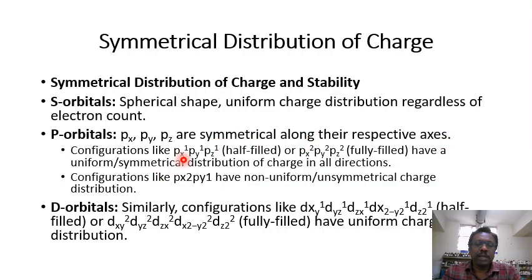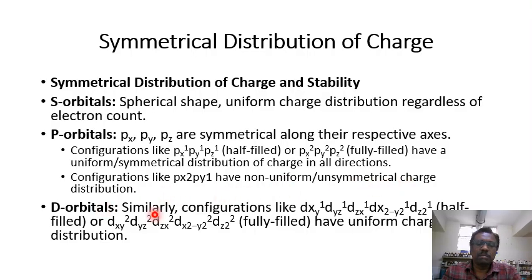Configurations like px1, py1, pz1, that is half-filled, and px2, py2, pz2, fully filled, have uniform or symmetrical distribution of charge in all directions. Configurations like px2, py1 have non-uniform or unsymmetrical charge distribution.